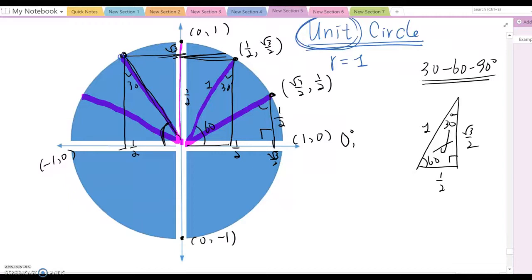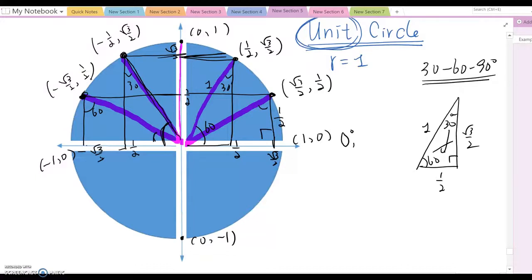So this coordinate becomes (negative 1 over 2, root 3 over 2). Then can you conjecture this one? Yes, because this is 30. If you draw the vertical line here, there will be 60. So that equals 1 over 2, corresponding like that, and this becomes negative root 3 over 2. So this ordered pair becomes (negative root 3 over 2, 1 over 2) here.